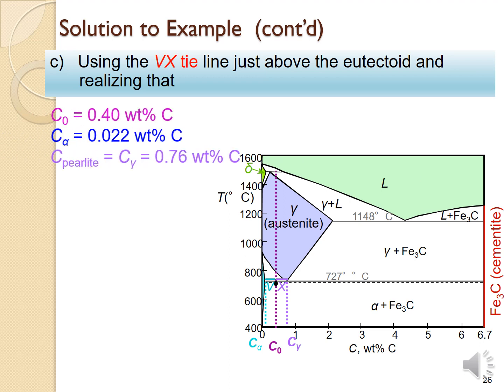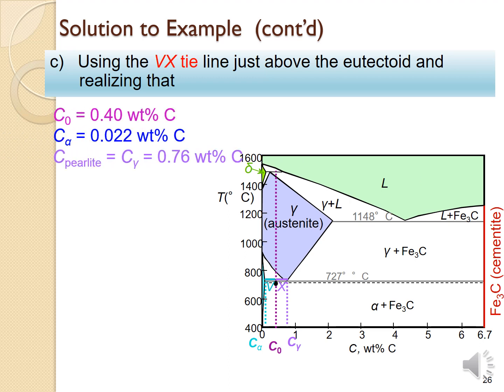So before the eutectoid reaction, we draw this tie line, and the C0 is still the 0.4 given value. On that tie line, the C alpha is 0.022, the left end of the tie line, and the other end is the eutectoid composition, which is 0.76 weight percent of carbon.